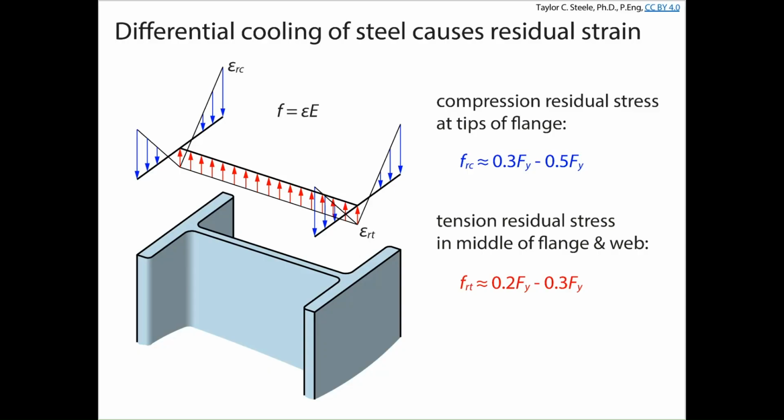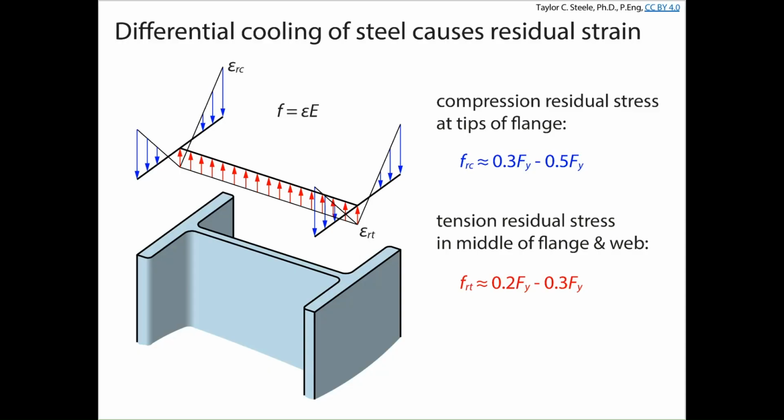It's going to start to yield the tips of the flange earlier, or if we were to pull it into tension, we're going to start to yield the web first because it already has a tensile stress in it. We're going to park that there for now, but just keep this in mind. I'm going to remind you again a bit later when we start talking about the strength of different kinds of members, particularly in compression.